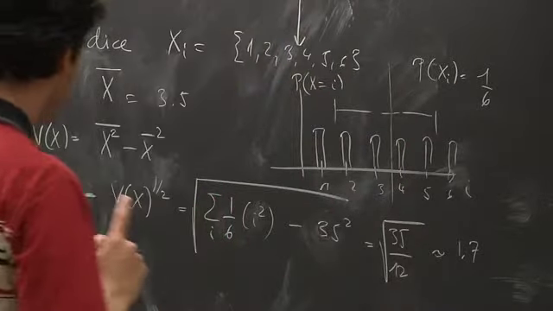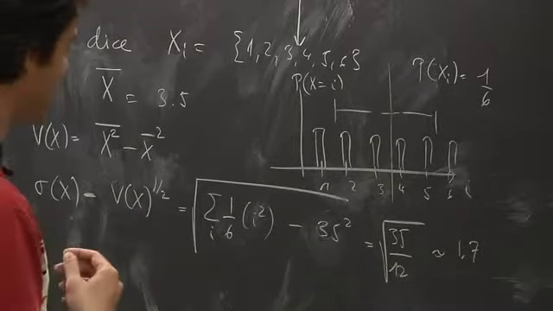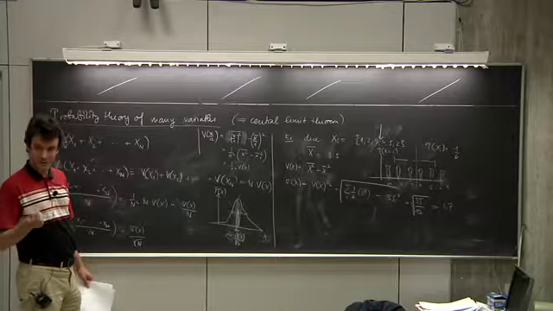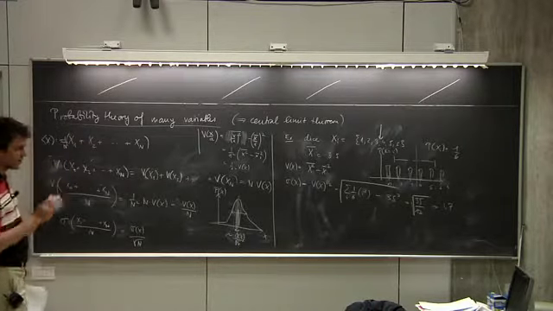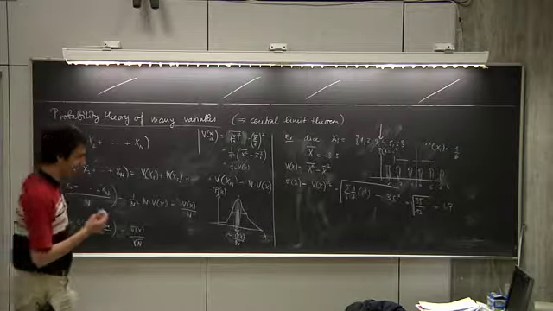Now, what this tells you is, if I want to know, say, up to 0.1, what is the real mean of my dice, how many times do I have to throw the dice in order to be relatively sure that I know this mean up to 0.1? So let's see.